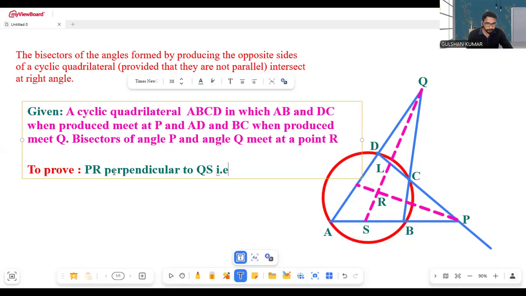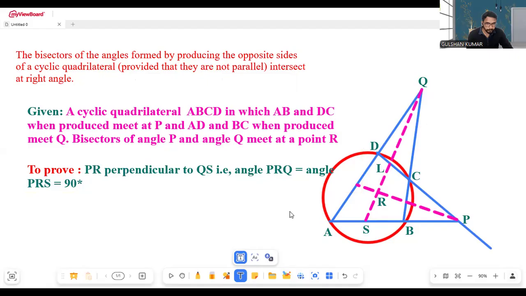That is, angle PRQ equals angle PRS equals 90 degrees.